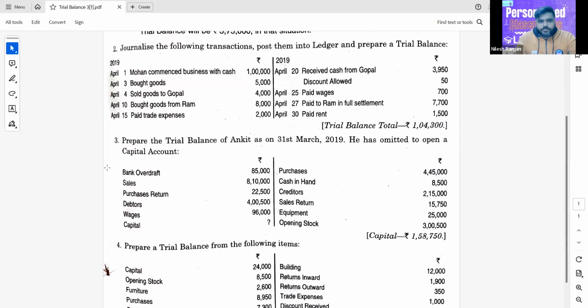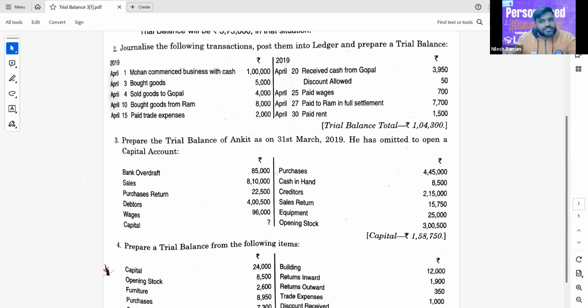Okay, then April 15th is trade expenses account debit to cash. Oh, I didn't write expenses. Okay. Then April 20, cash account to discount account.